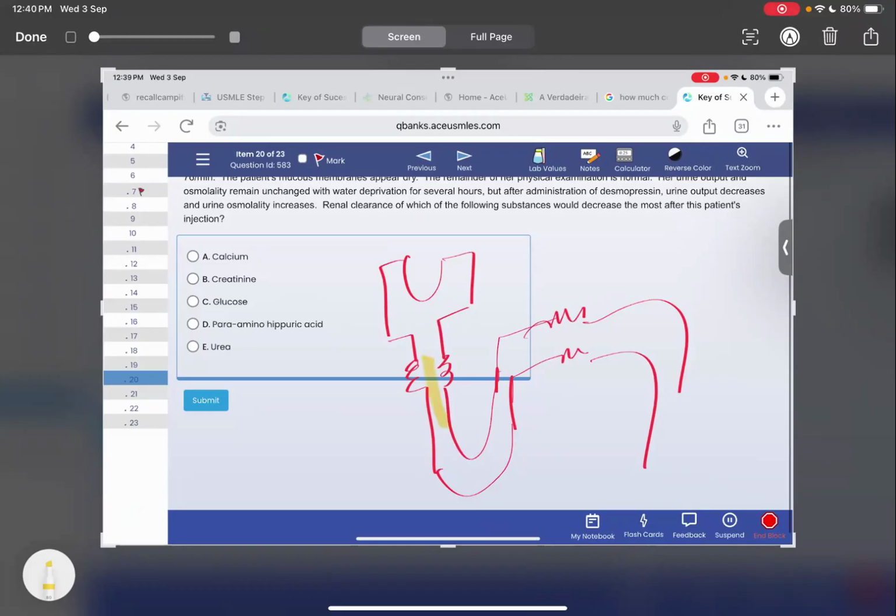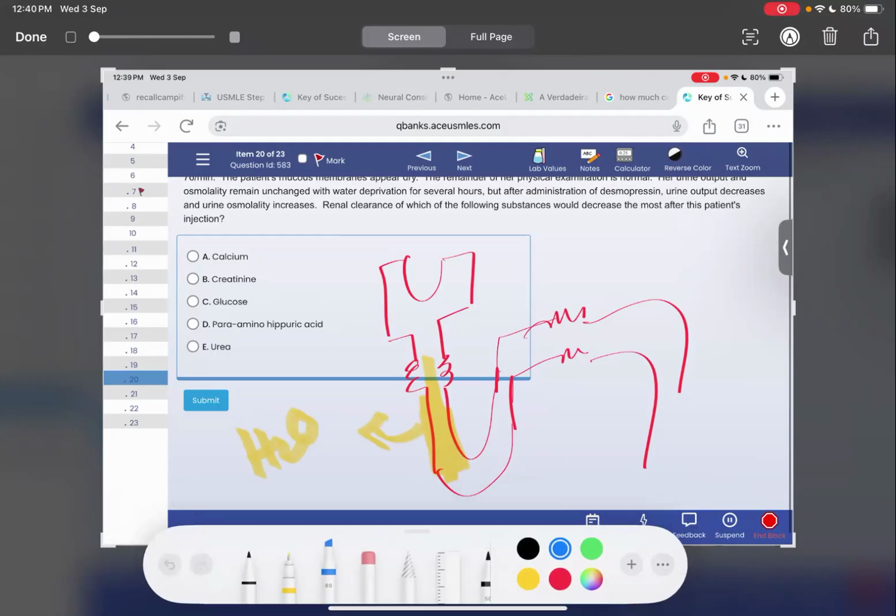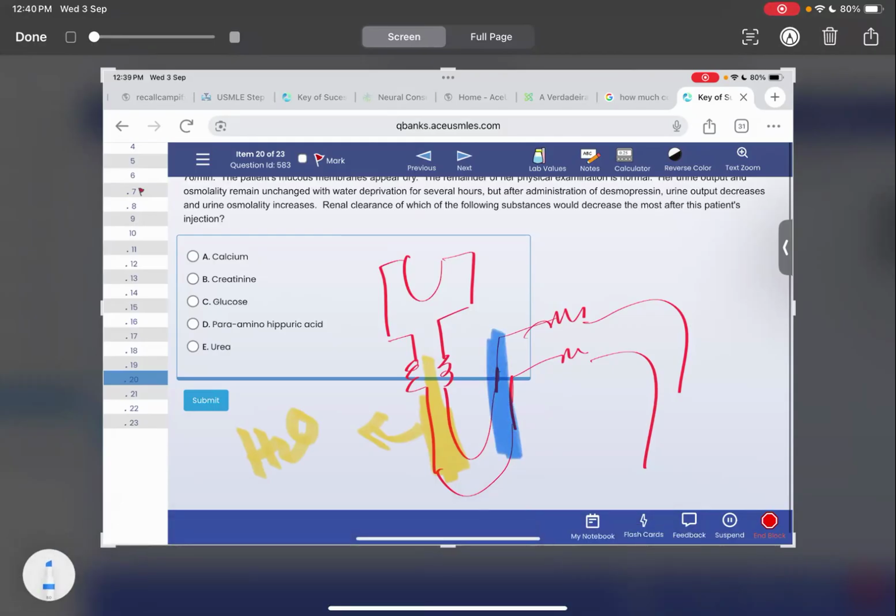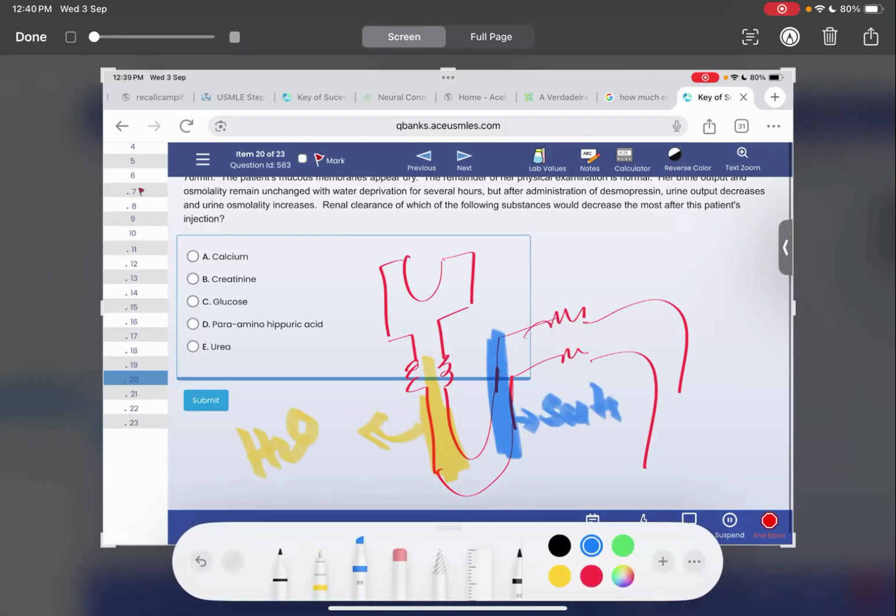The descending loop of Henle is permeable to water only. The ascending limb is only permeable to solutes, or we can say salts. This part is affected by hormones like ADH and aldosterone. Forget about it. But one concept is this and the other is this.